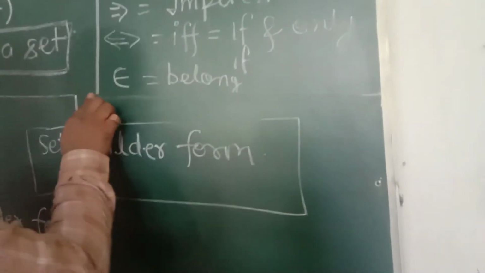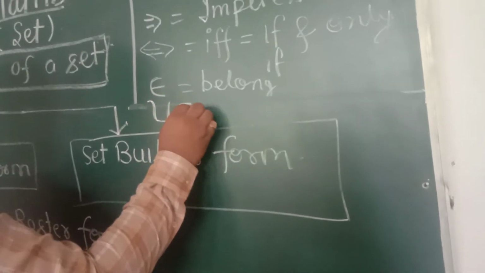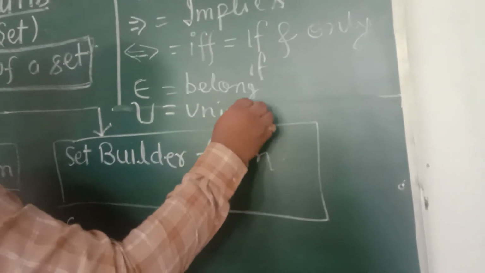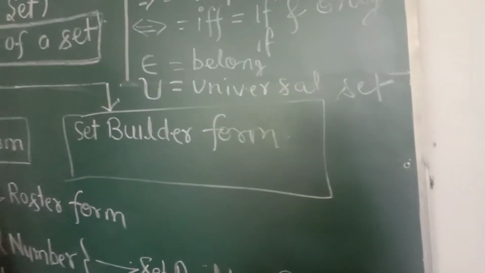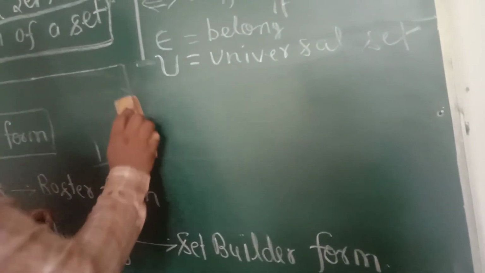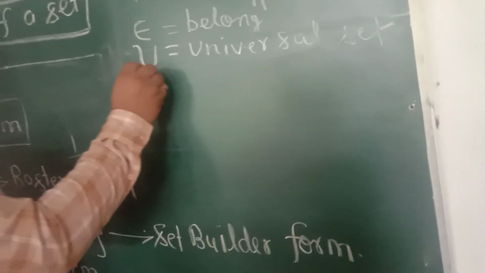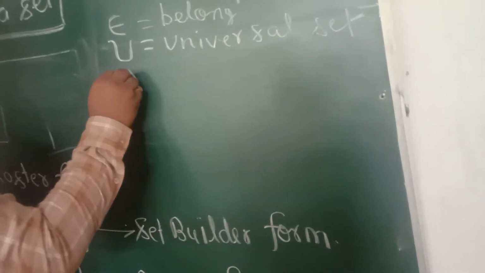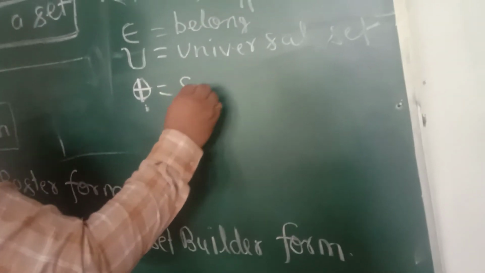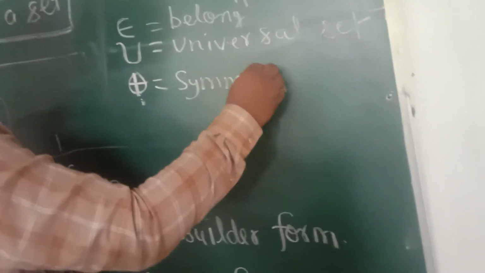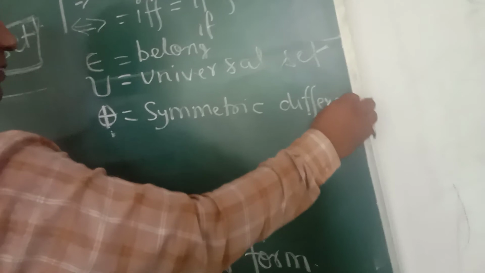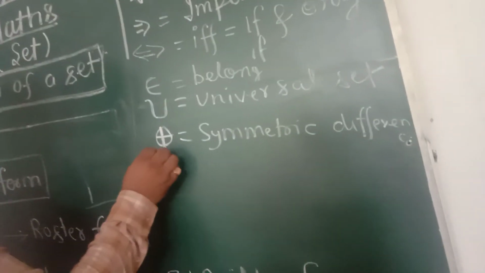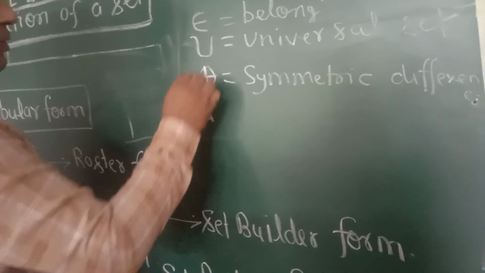This is the symbol of universal set. This is the symbol of symmetric difference. Or you can write this one, both are the same.